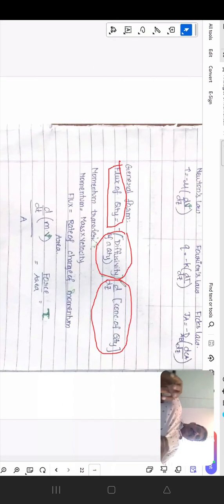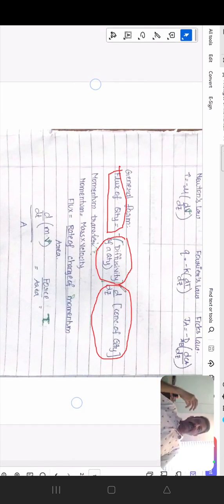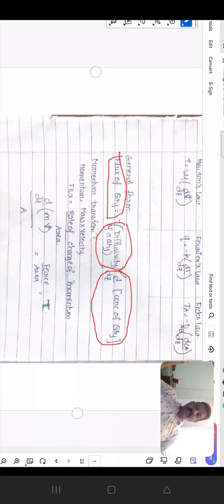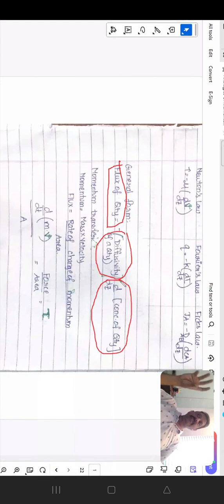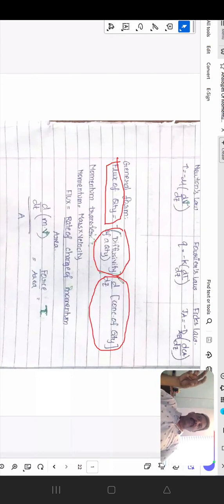What does concentration gradient mean? It's dC by dz, the change in concentration of that particular quantity for a small distance dz, right? So you must have understood the form. So this is the general form.